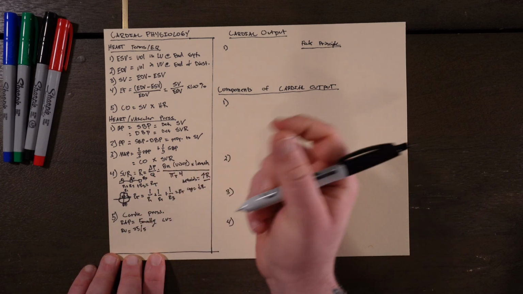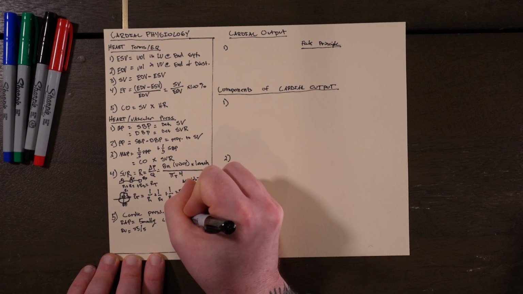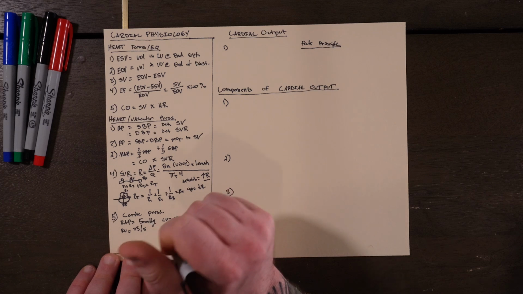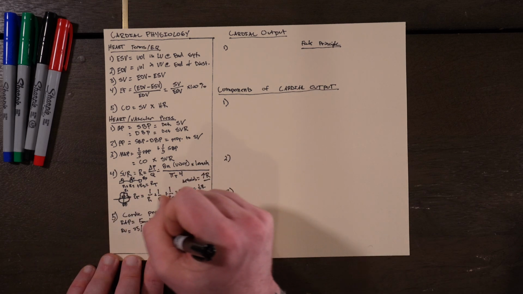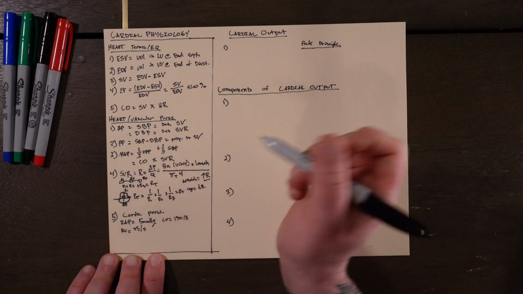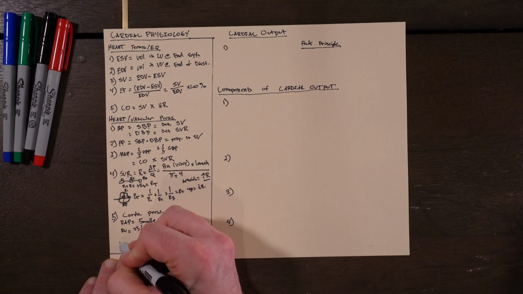Then our left ventricle should be similar to our systolic pressure, so about 120 to 130, and then the diastolic pressure is low, about 5. So these are the pressures of the chambers of the heart.